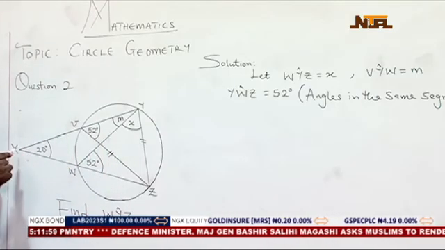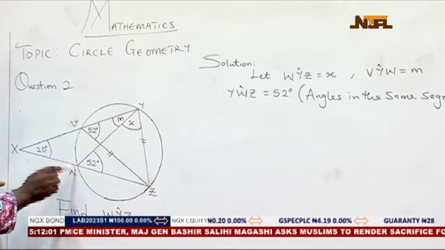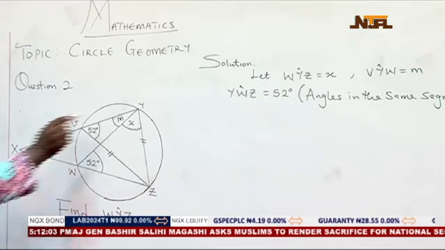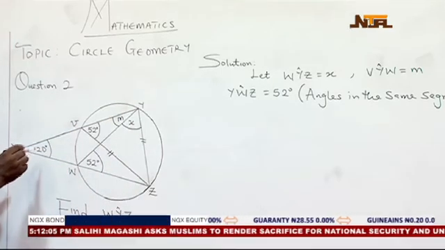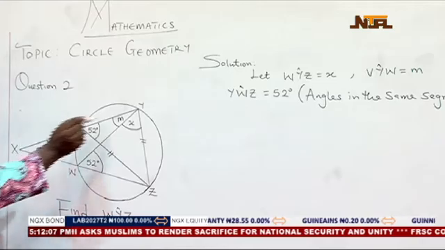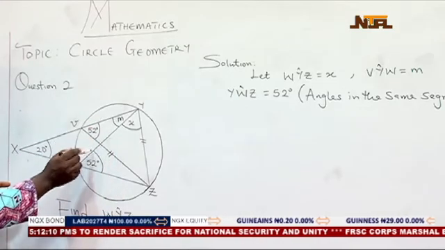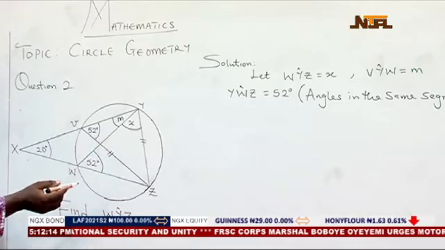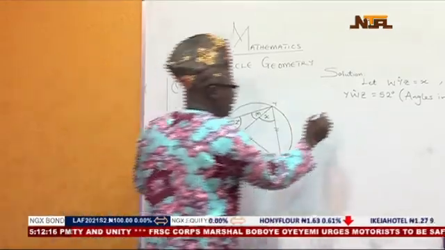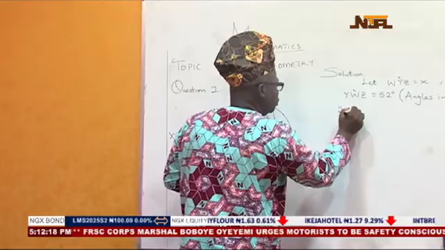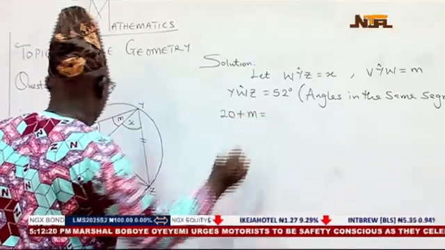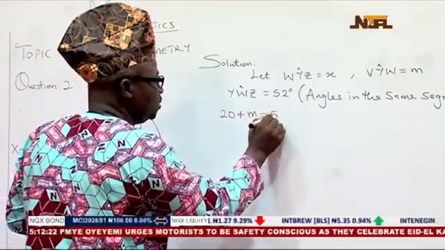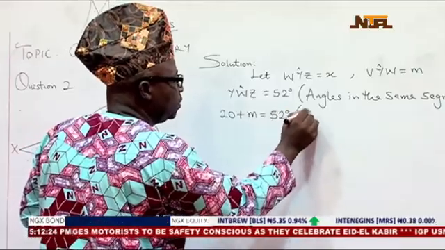Looking at triangle XYW, I can say angle 20 plus angle M is going to be 52. That is the exterior angle of a triangle. So I'm going to write it down. 20 plus M is the same as 52 degrees.